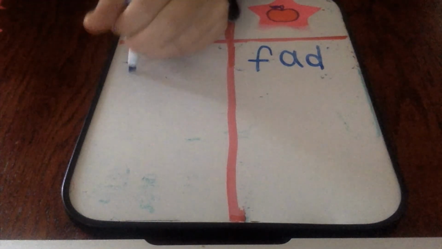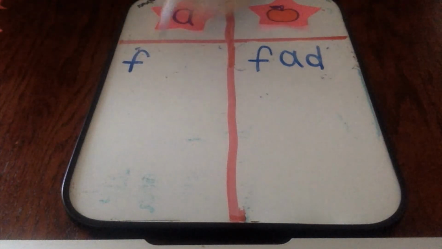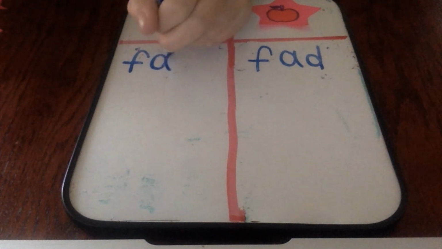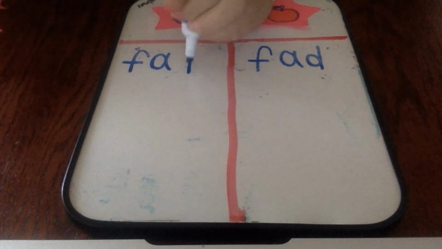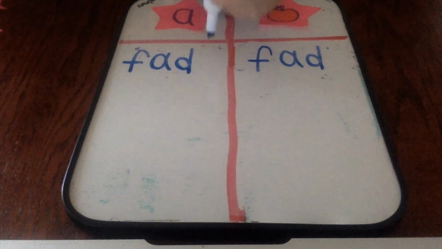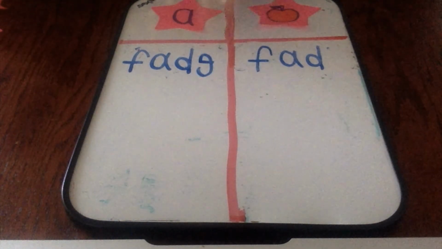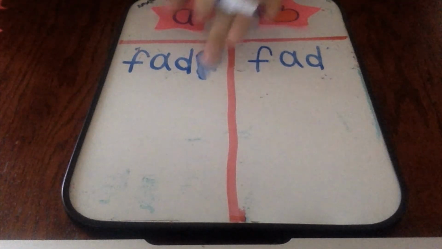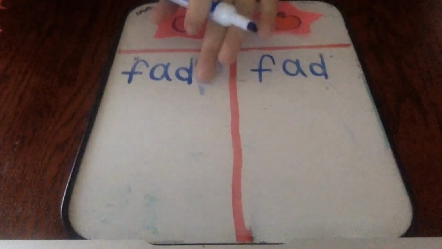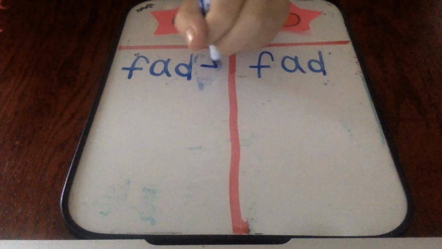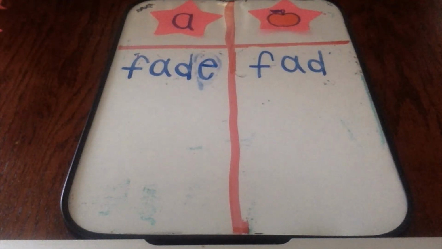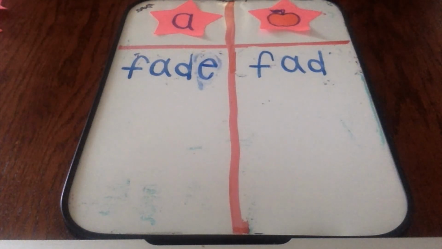We'll have to put that word on this side because we can hear the A saying its name. So here we have the word fade. Just fix this E. Fade. Good job.